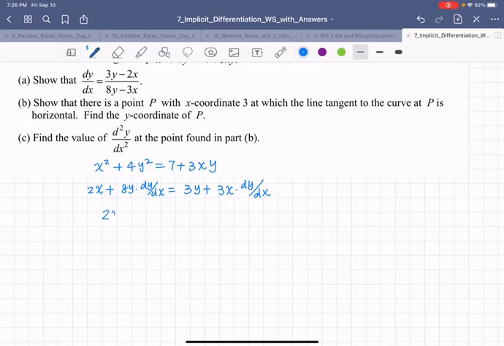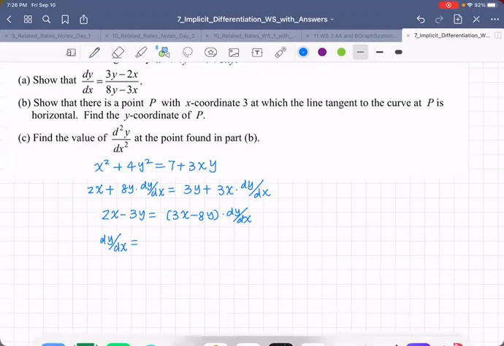So we do 2x minus 3y equals 3x minus 8y, right? Times dy over dx. So dy over dx equals 2x minus 3y over 3x minus 8y.